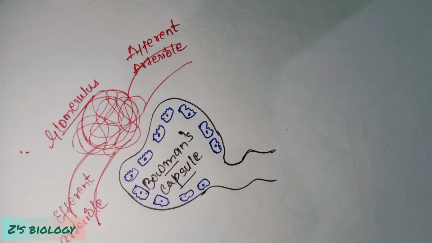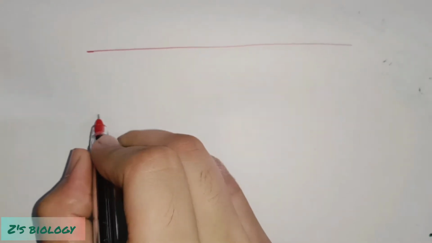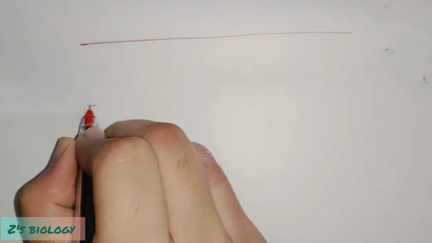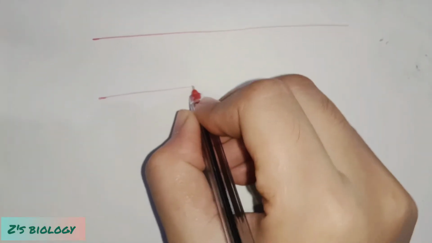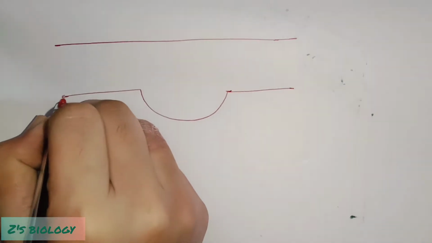If I dig into the detail of this: capillary endothelial layer, basement membrane and epithelium of the visceral layer. देखिए, हमने बात की है ग्लोमेरुलस की, फिर बोमेंस कैप्सूल की, तो दोनों मिलकर हमारी फिल्टरिंग मेम्ब्रेन बना देती हैं.